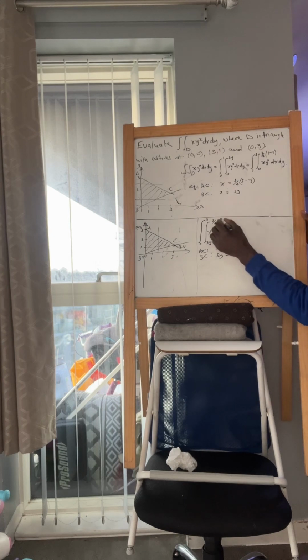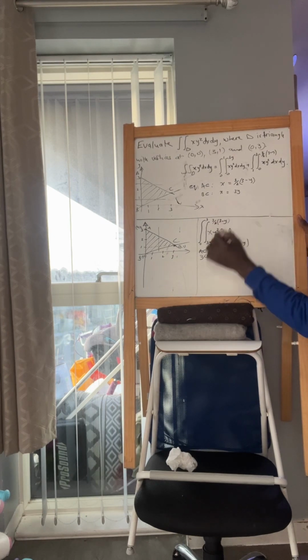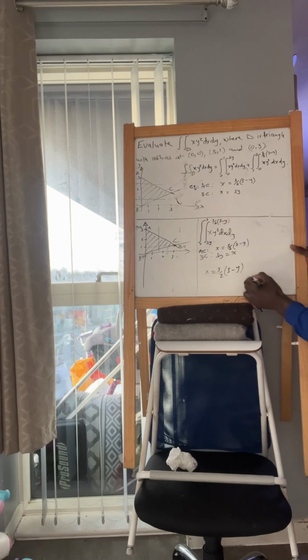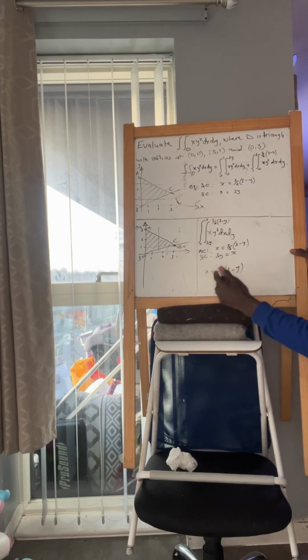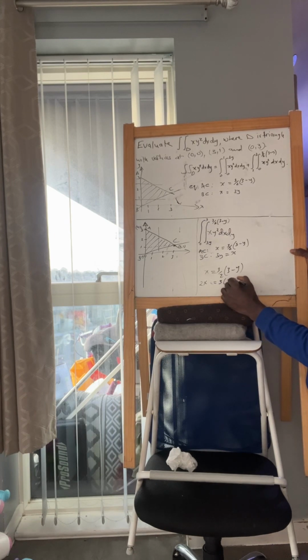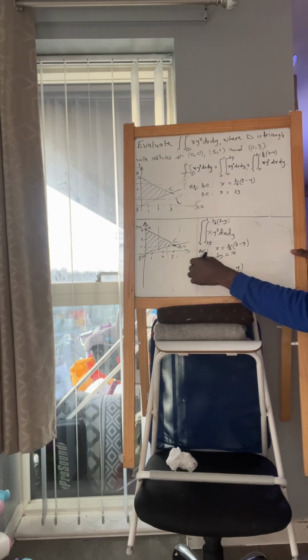Because we have this top one, x equals 3 all over 2 into 3 minus y. This is what it means. So I want the value of y. So this is going to be now 2x equals 3 into 3 minus y. I've transferred the 2 there.